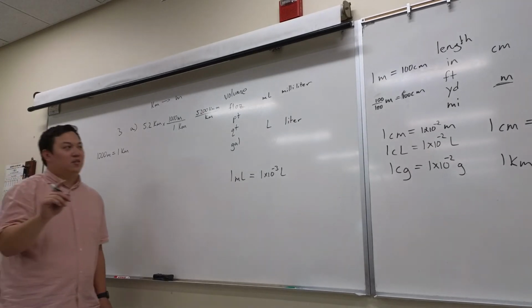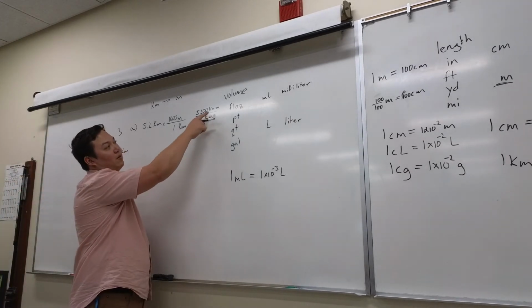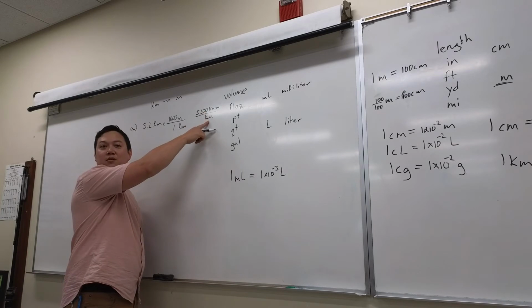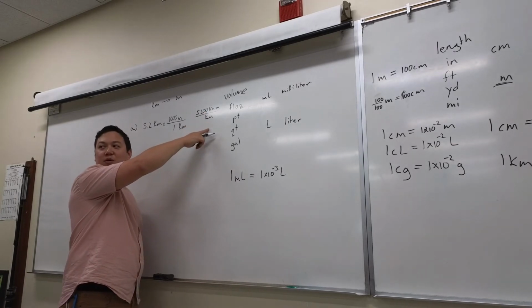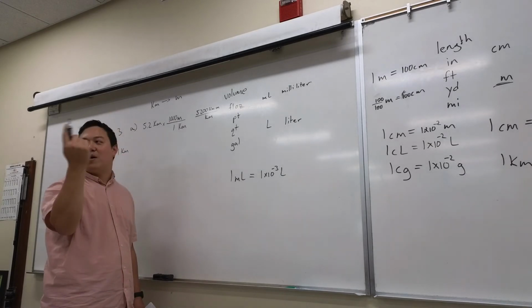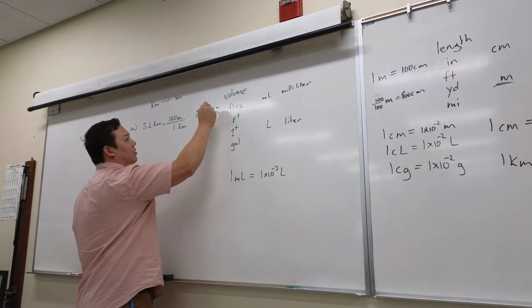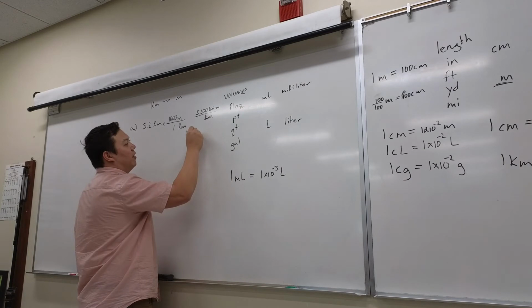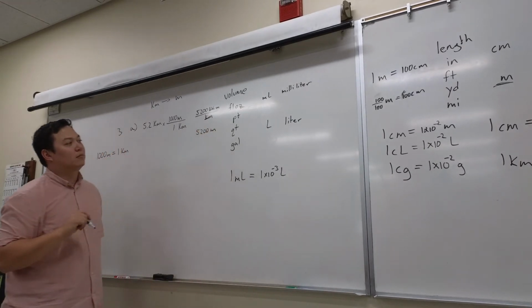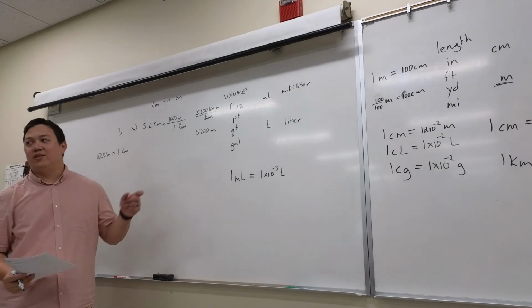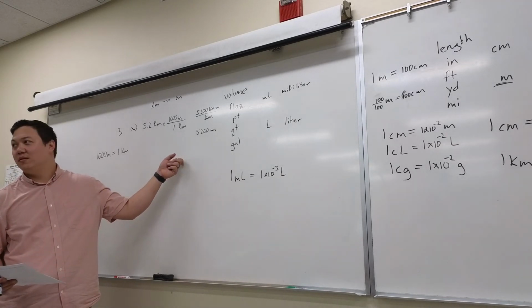And this is going back to some algebra. If we have kilometers divided by kilometers, it cancels, because kilometers divided by kilometers is 1. Right? Anything divided by itself is 1. So that cancels, and we're left with 5,200 meters. Then how many sig figs should we have? 2.